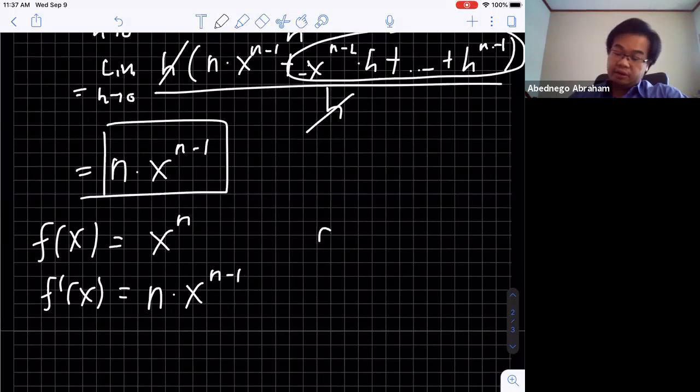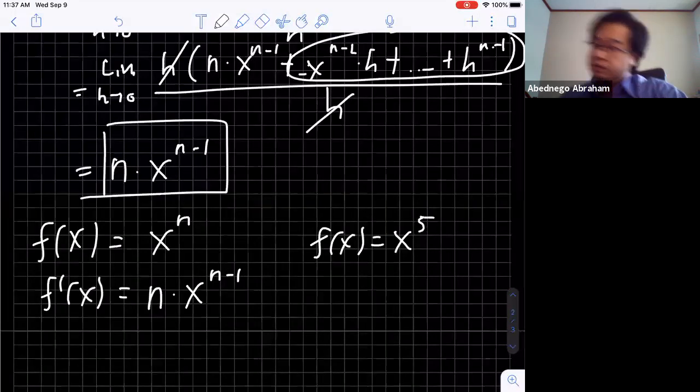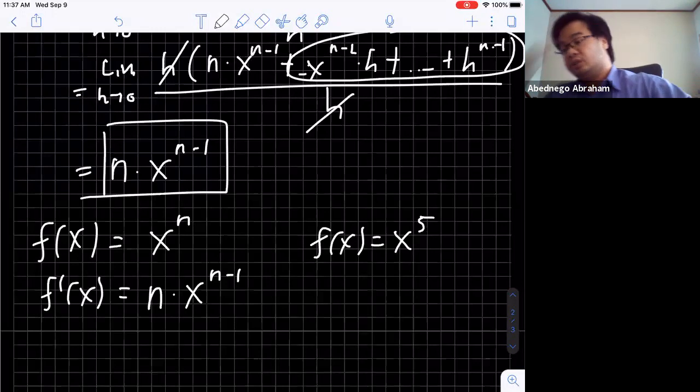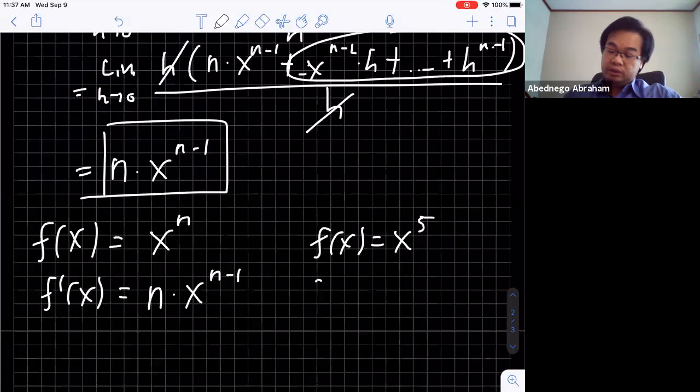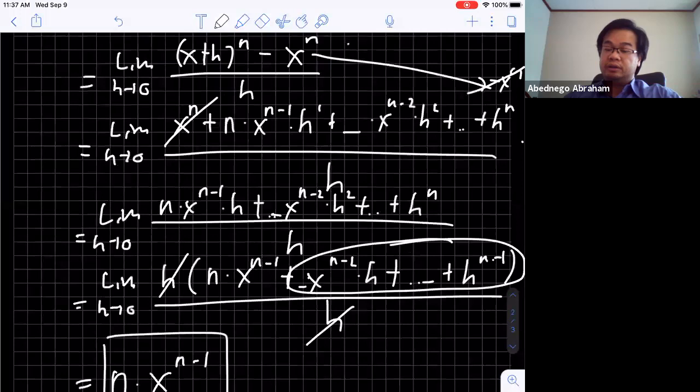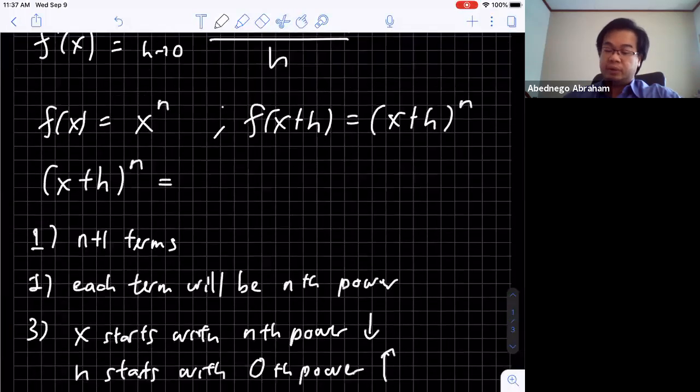For example, in your book, example 1, page 86, if f(x) is equal to x to the power of 5, then f prime of x will be equal to 5, which is the n, times x to the power of 4, which is n minus 1. Okay, so that's the derivative of a power function.